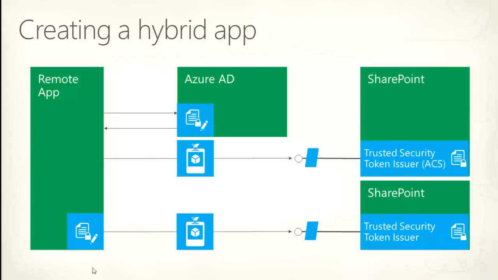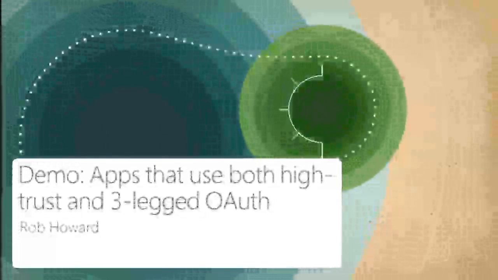And then the bottom one down here, where we're just creating our own certificate and talking with SharePoint, we call that high trust, or we call it S2S, meaning server to server. There are some other companies that have similar protocols, and they call it two-legged OAuth. So those are all sort of synonyms for the same thing. I realized that I had that in the title of the demo, three-legged OAuth.